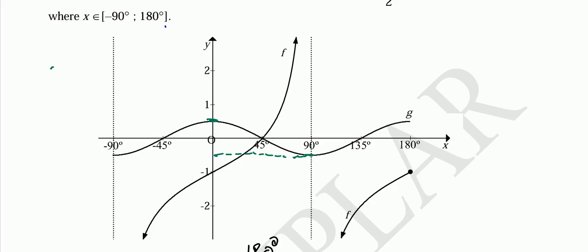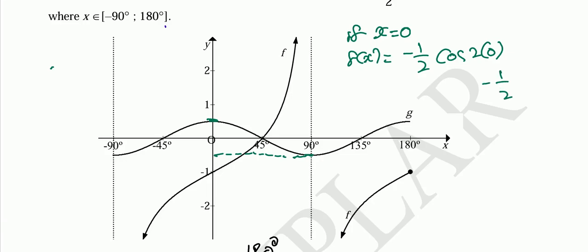You can also prove it. If you don't know how to prove that this is half and negative half, you can just say, for example, if x is 0, then g of x will be negative 1 over 2 cos 2 into 0. When you punch it on your calculator, it's going to give you negative 1 over 2.